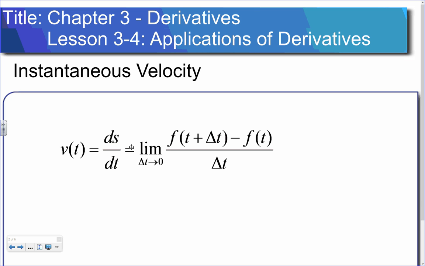So t plus delta t is kind of like our x plus h, where h represented a relatively small value. So it's, once again, the difference quotient, just popping in t's and delta t's instead of x's and h's. But v of t, velocity, is the derivative of the position function.